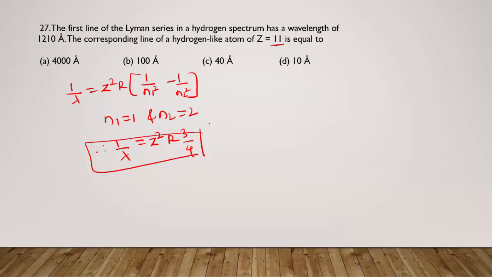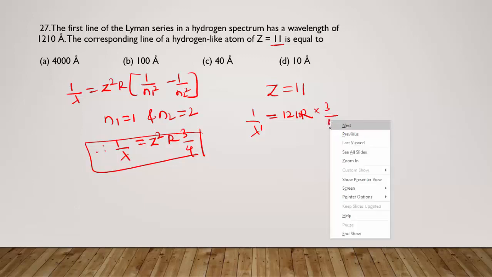And for hydrogen atom, Z equal to 1. This value is given in this problem. Now 1/lambda dash is equal to 121 R into 3/4, this value with Z squared.